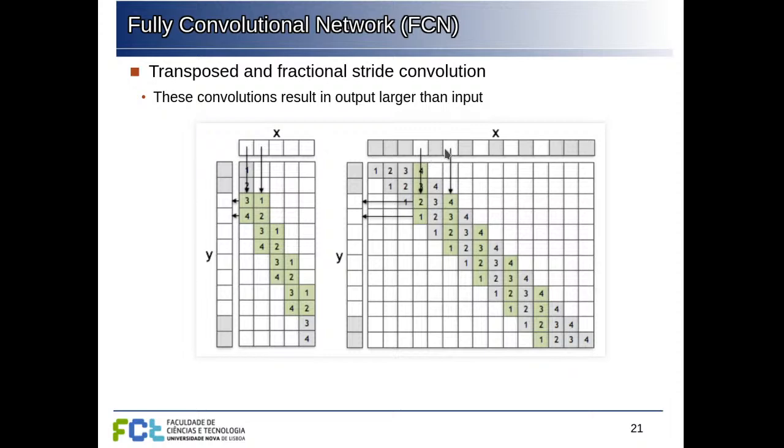So we can copy the nearest value into these missing locations and thus increase the size of the vector. And now if we apply a convolution with the stride of 1, we produce an output that has the same size as this expanded input.